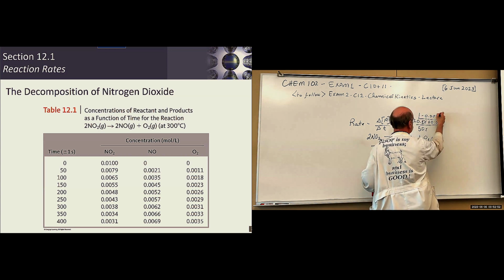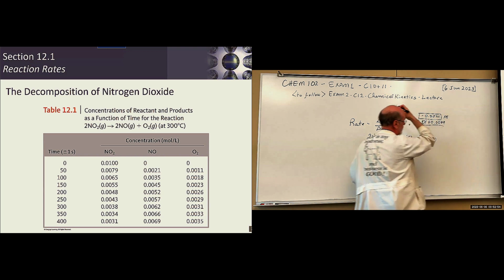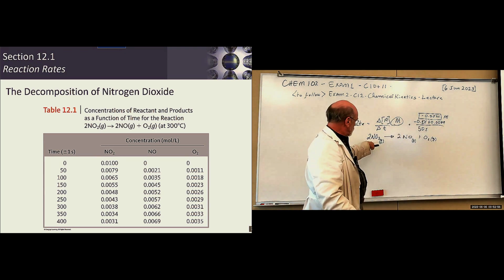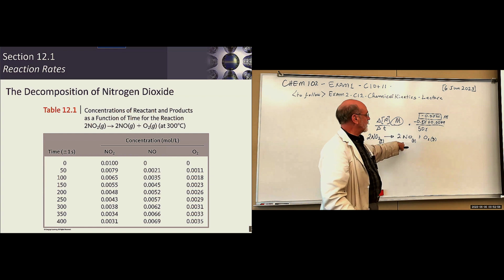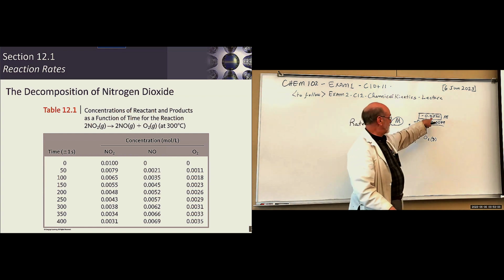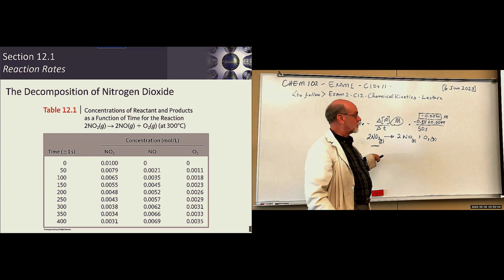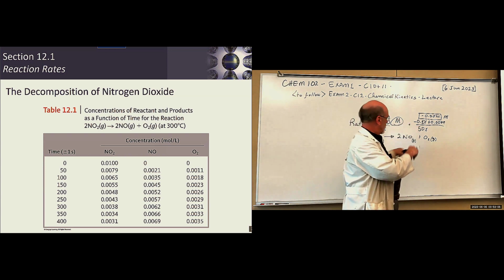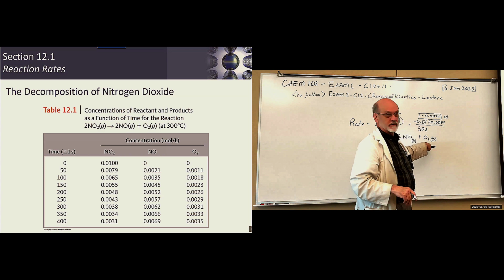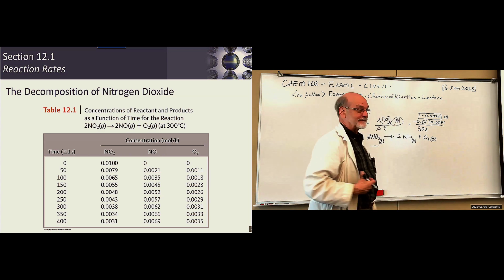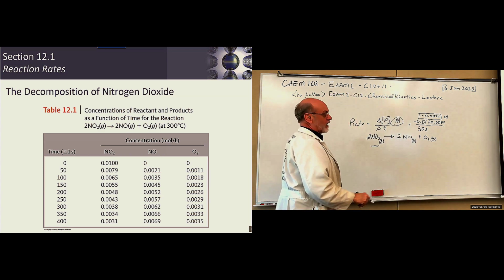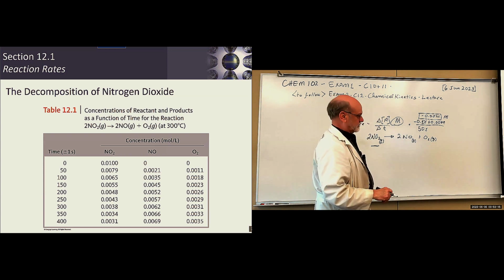That's the change in molarity. So you should also see appearing over here that much of NO because it's the same stoichiometric ratio. And that's what we see. And then half of that value for this one. And that all happens over that first time interval.